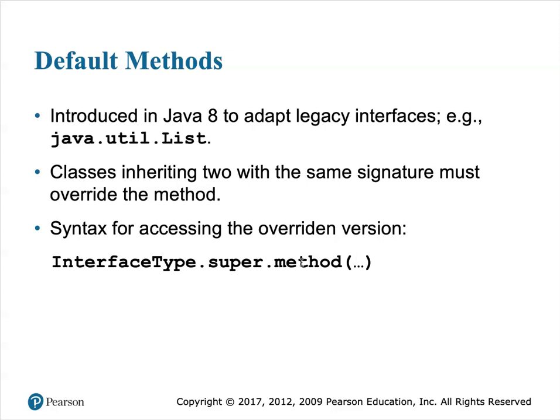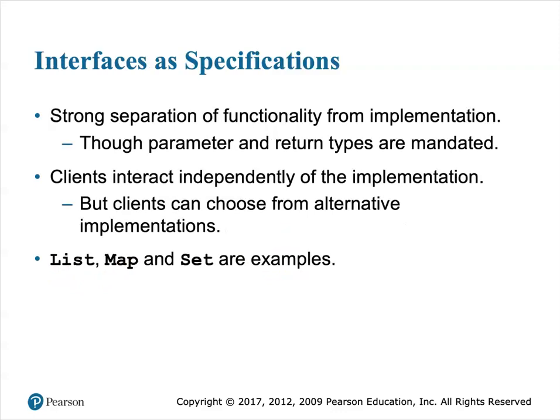The way I do want you to think about interfaces is this. Interfaces are contracts. Interfaces are specifications. Interfaces give us a way to separate out what the object does from how it actually does it.